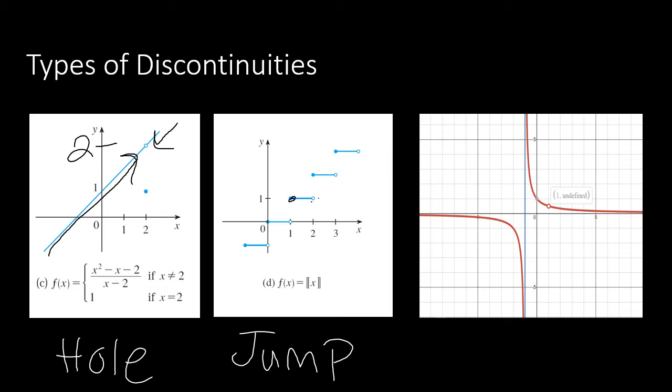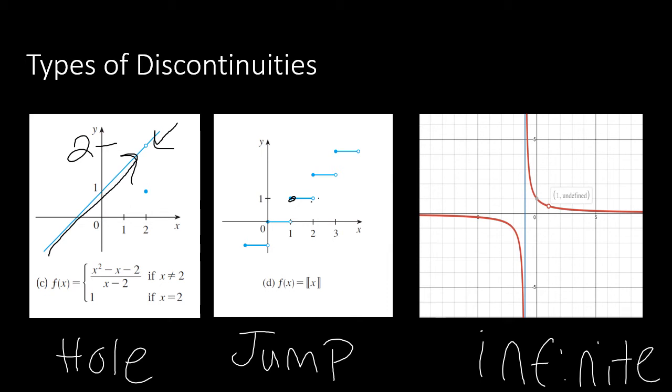So that means that all three conditions, just like a hole, were not satisfied. In the hole, the third condition was not satisfied, the open dot condition, and in jump discontinuities, the limit conditions are not satisfied.